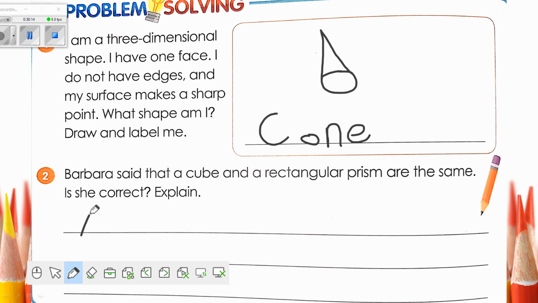So she's not correct. Do you know why? Because the 6 faces in the cube are squares, and the 6 faces in the rectangular prism are rectangles. So both of them are not the same.